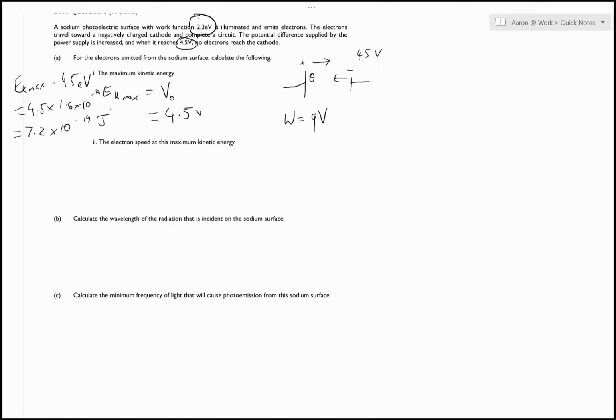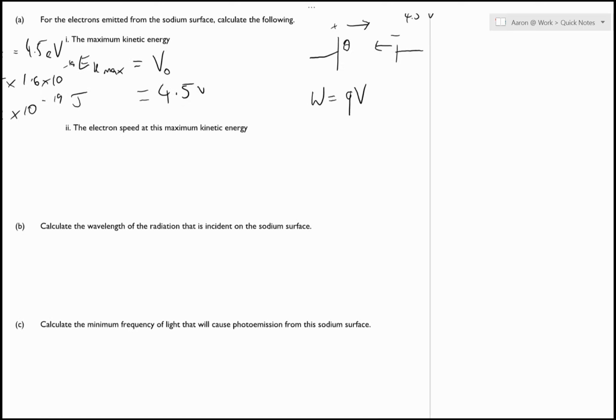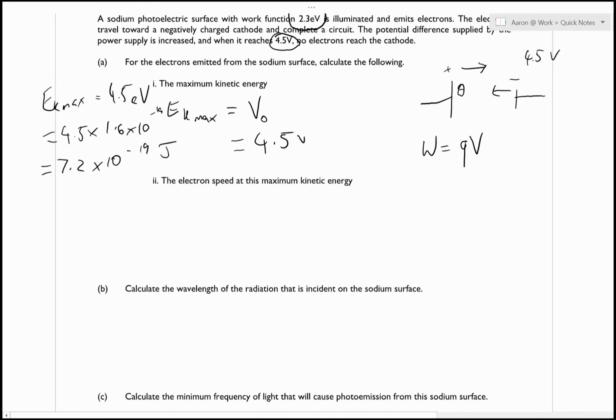Now we want the electron speed at this kinetic energy. This shouldn't be too much trouble for you guys. Remember, our kinetic energy is equal to 1/2 mv squared. If we rearrange this equation, we get v equals the square root of 2EK on m. Now we just plug in our values. v is going to be equal to the square root of 2 times our kinetic energy.